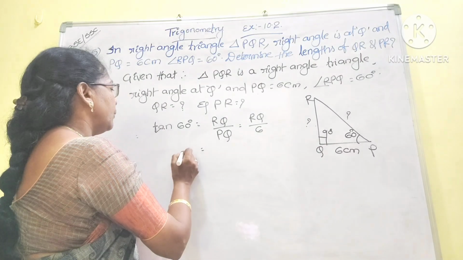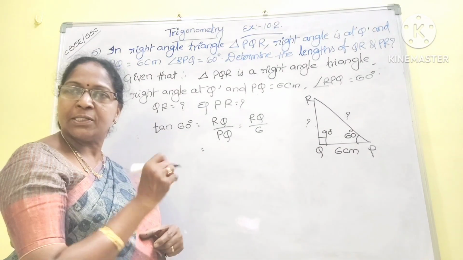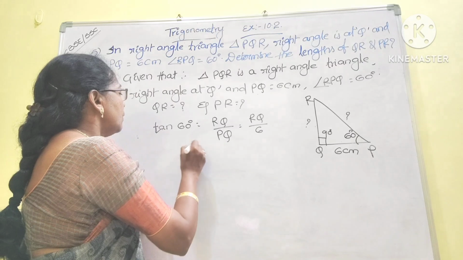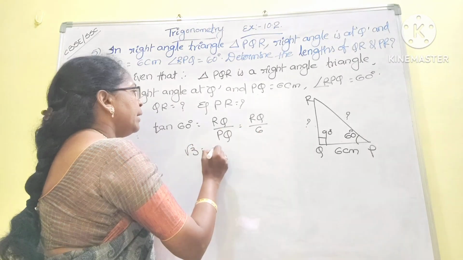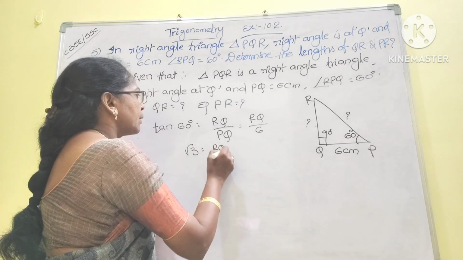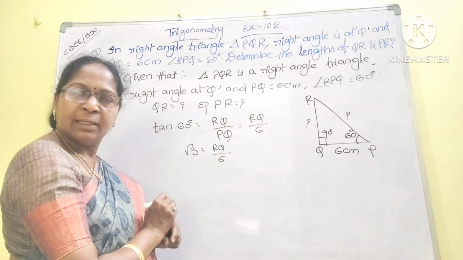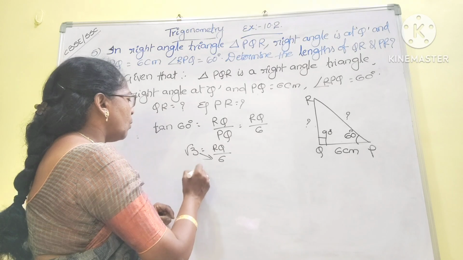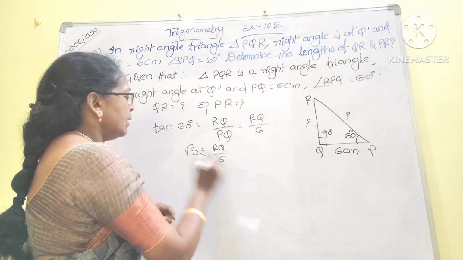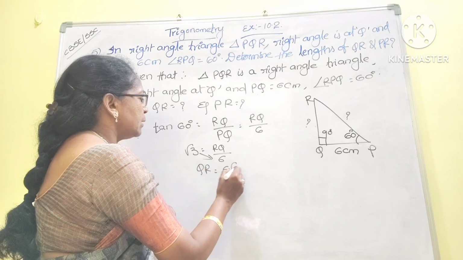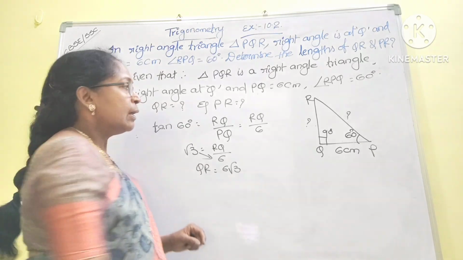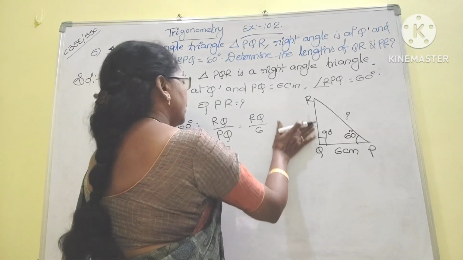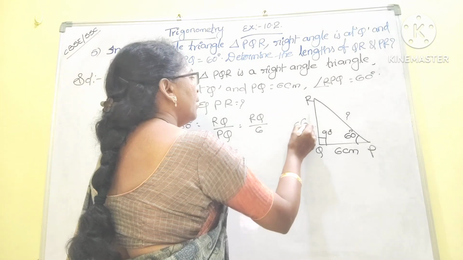You have to write the value. Tan 60 equals root 3. So root 3 equals RQ divided by 6. Now cross multiply, where RQ or QR, anyway you can write, equals 6 root 3. This is the answer.